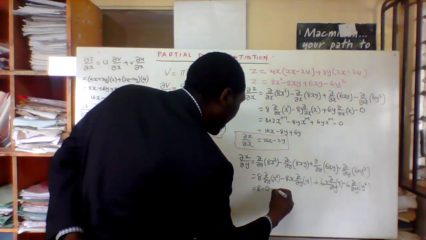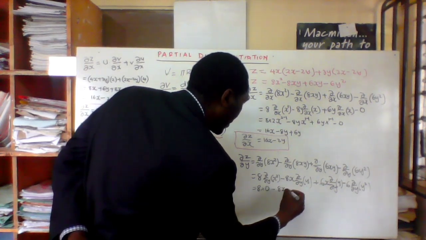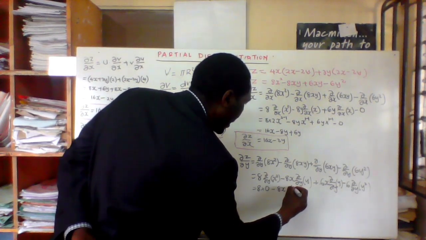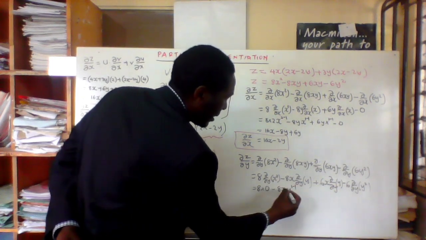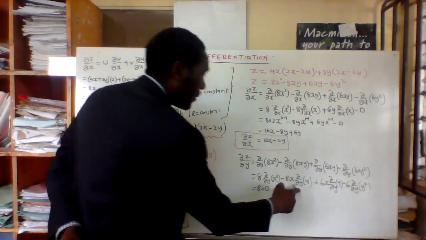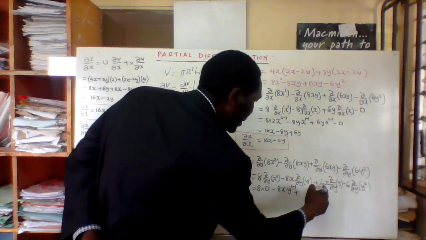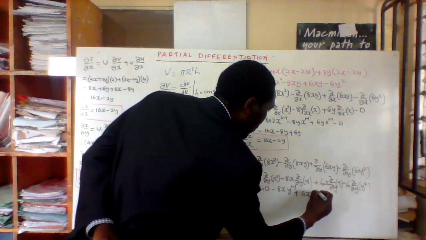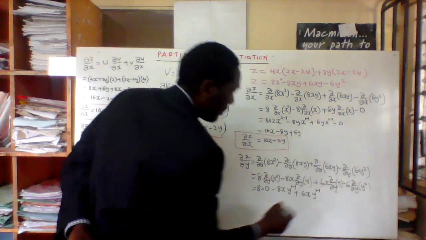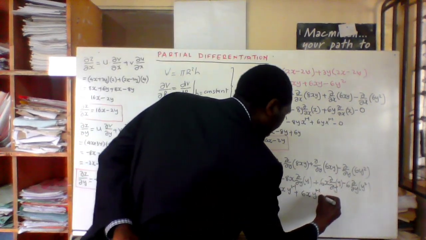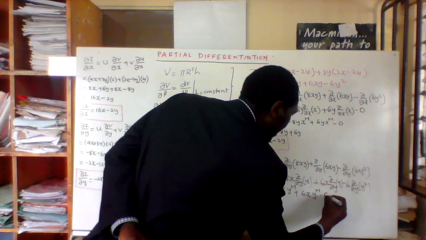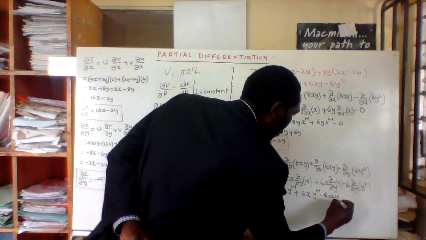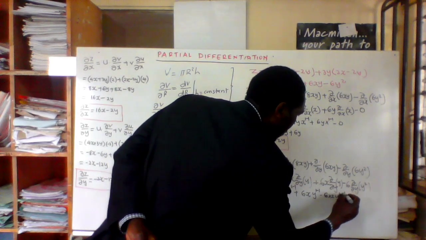Now this is minus 8x, we are differentiating y raised to 1, we subtract 1, we multiply by 1 there, then we get plus 6 times x times y raised to 1 minus 1, because we have multiplied by 1 there, and this gives us minus 6 times 2 y raised to 2 minus 1.